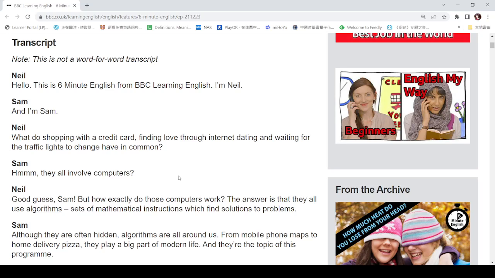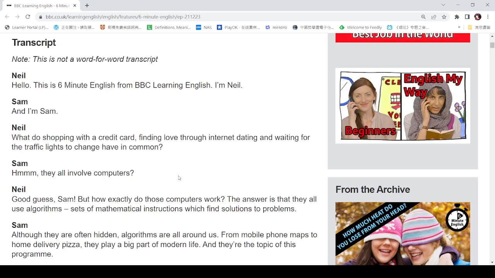What do going shopping with a credit card, finding love through internet dating, and waiting for the traffic lights to change have in common? They all involve computers. Good question, but how exactly do those computers work?